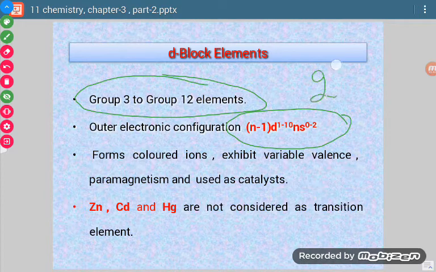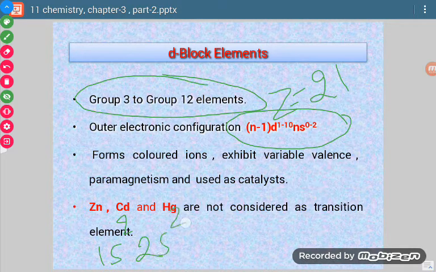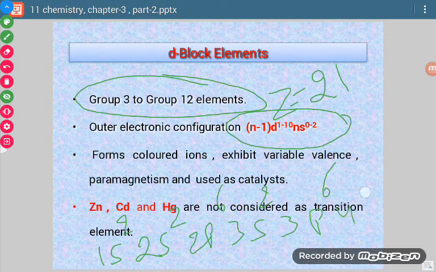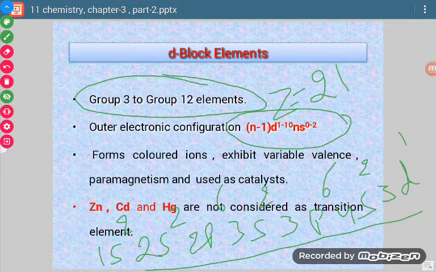Suppose I take the element for which the electronic configuration I have to write. If it is having atomic number 21, then I will write 1s2, 2s2, 2p6, 3s2, 3p6, 4s2, 3d1. This is the electronic configuration. Now see, the maximum n value is 4.